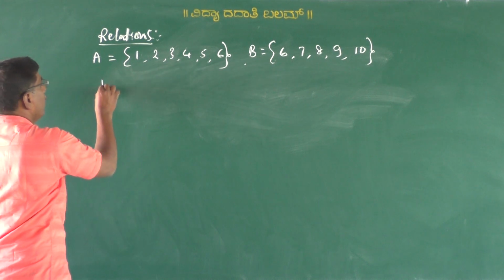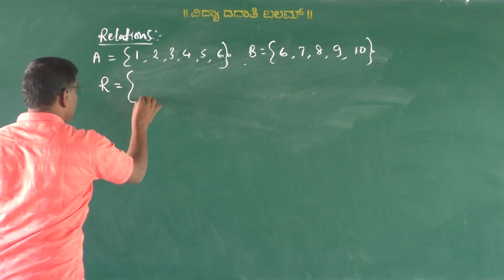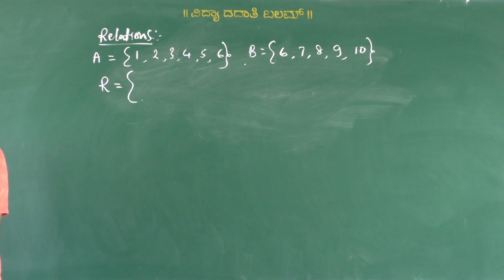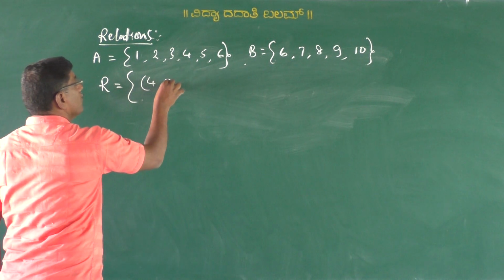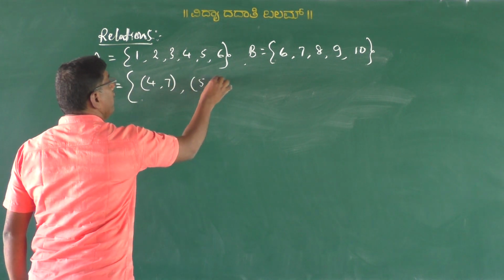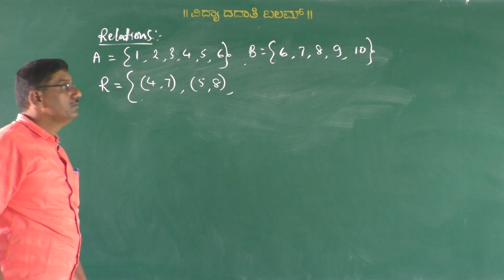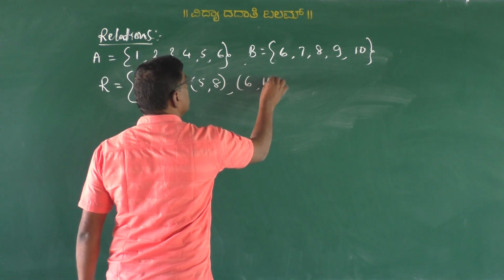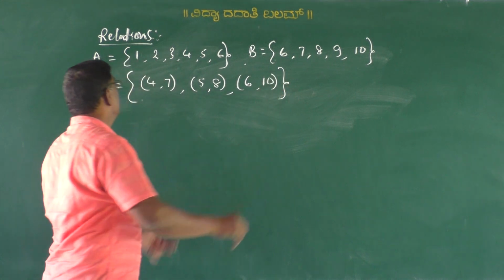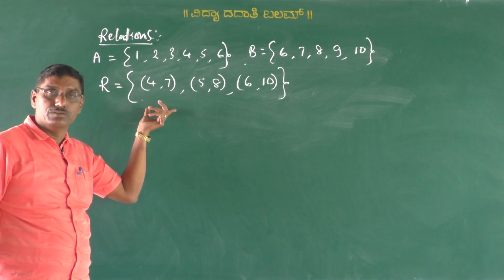We can write R is equal to the set of all (4, 7), (5, 8), and (6, 10). This is the relation.